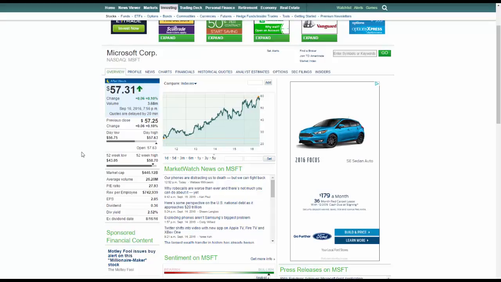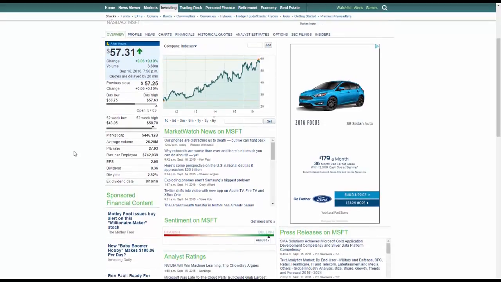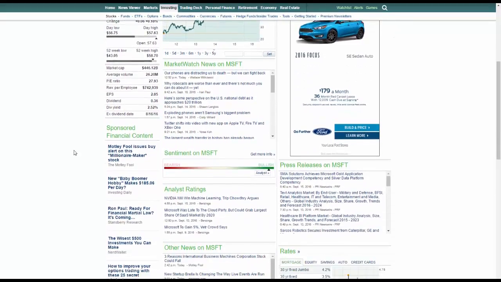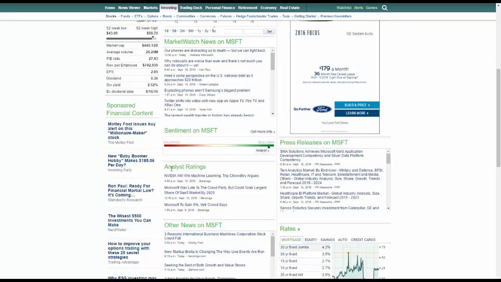You will also find other information on MarketWatch.com. For example, analyst information, such as analyst ratings and their take on whether you should be bullish or bearish. In other words, whether it might be a good idea to buy or sell a particular stock.